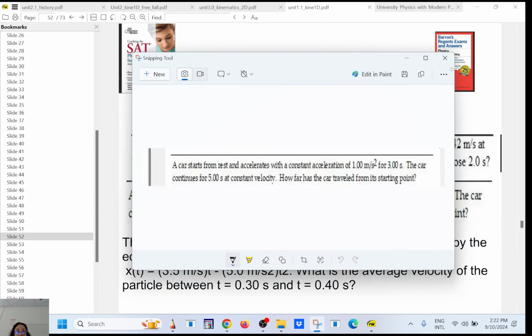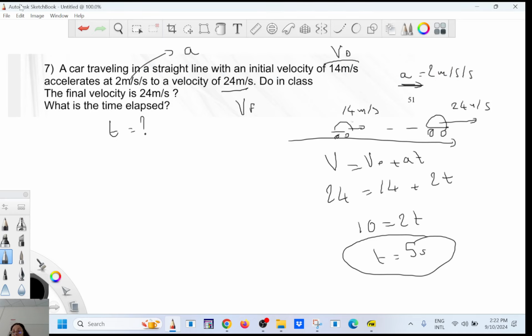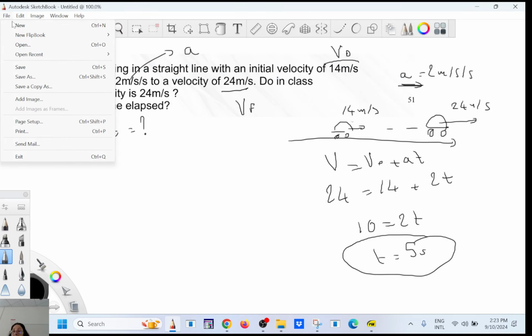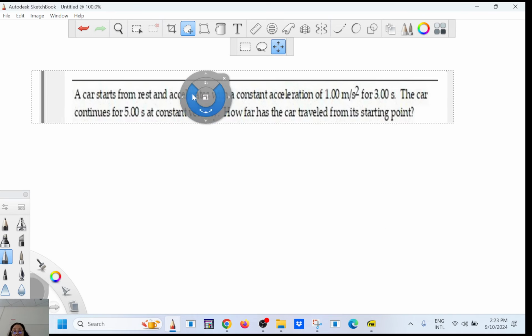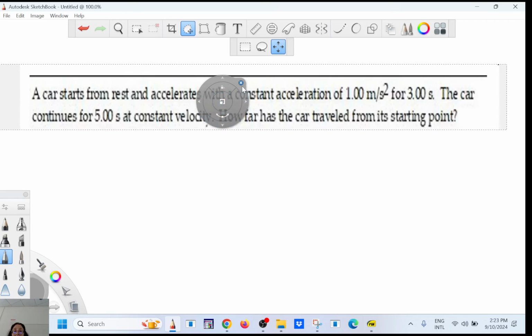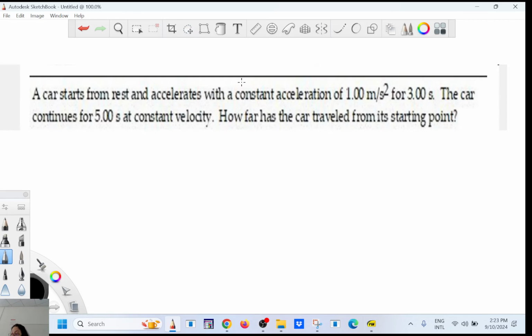Okay, I'm going to give you some time to do it. Try to do number 3. So help each other, because if you just copy and paste, that's not good. You have to try to do it. Oh, it's 2 phases. So make a drawing first.